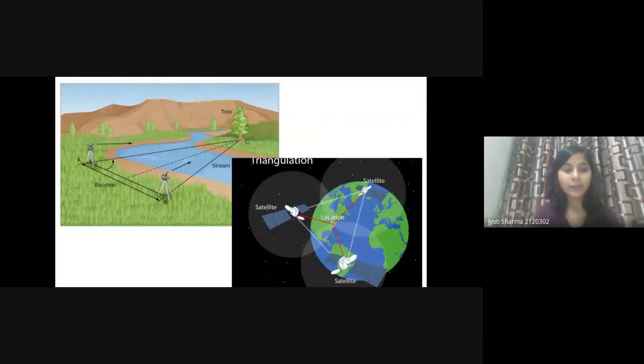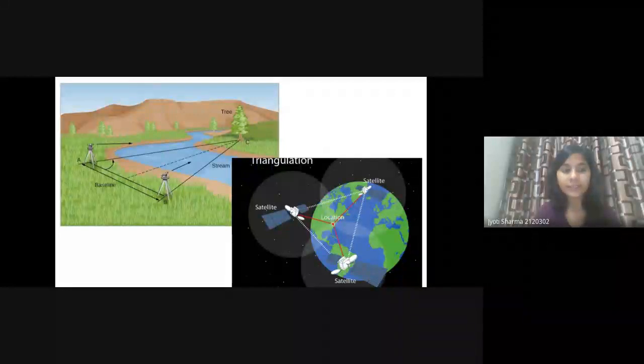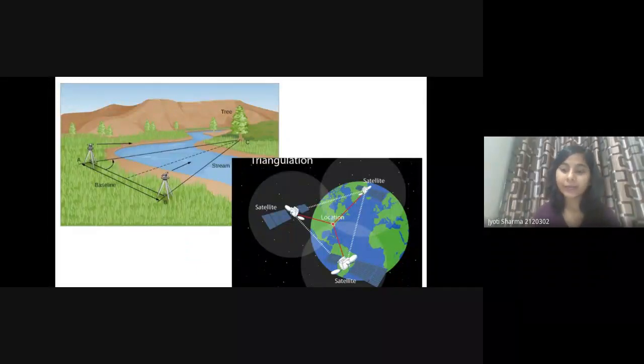Let's say this is one eye, this is the second eye, and there is some distance between these two, and we are creating some angle with the tree from this object B as well. Based on trigonometry, sine theta or tan theta, we can estimate the distance between us and the tree.